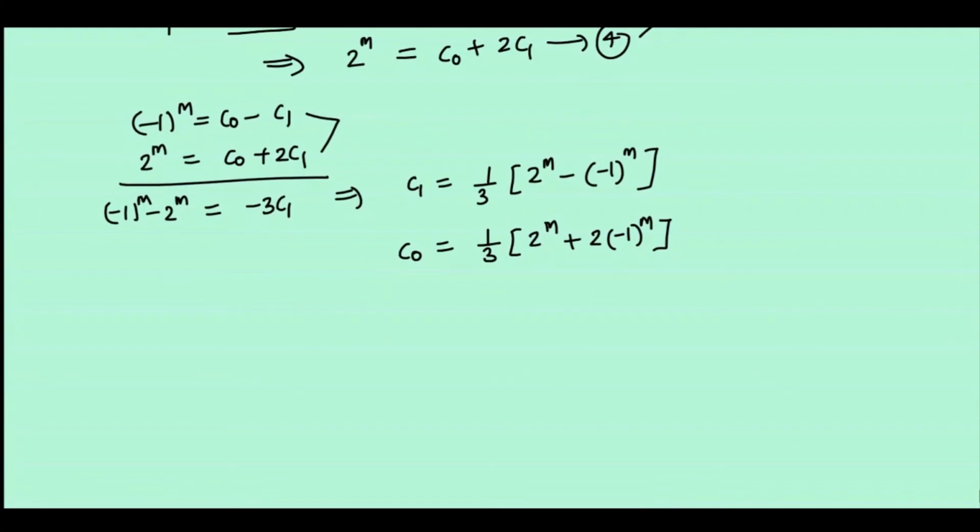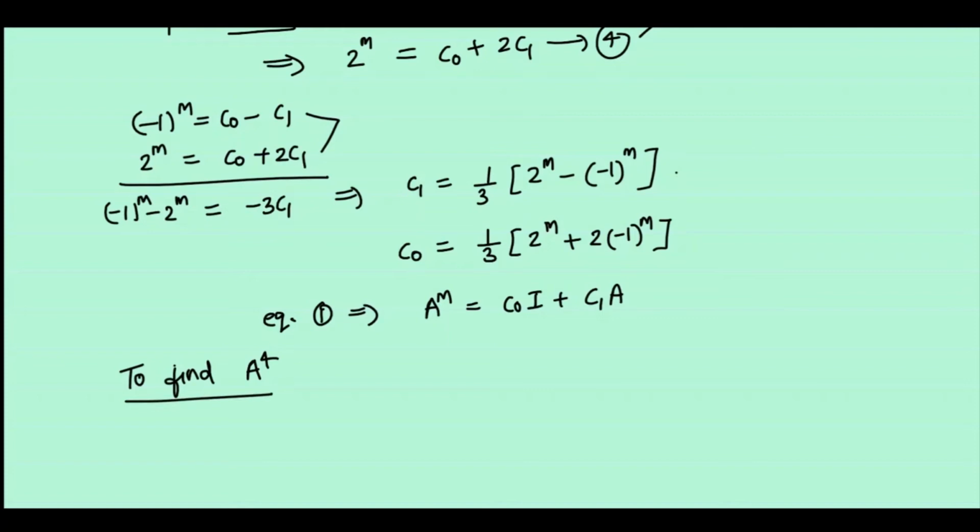So our equation 1 is A raised to m equal to C0 I plus C1 A, where C0 and C1 take these values. Suppose we want to find A raised to 4. We have to put m equal to 4.